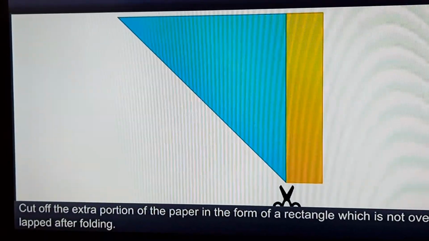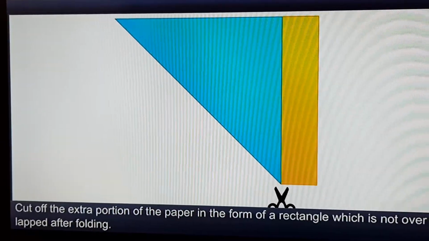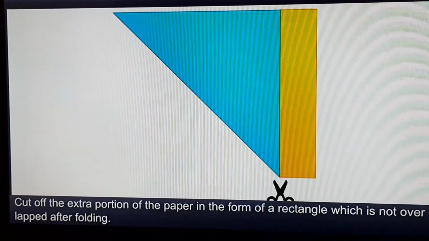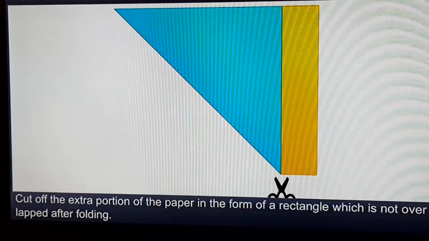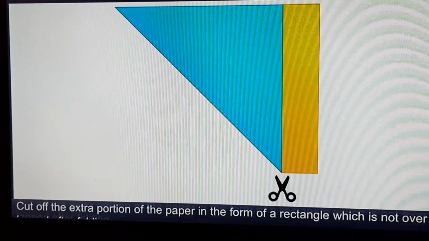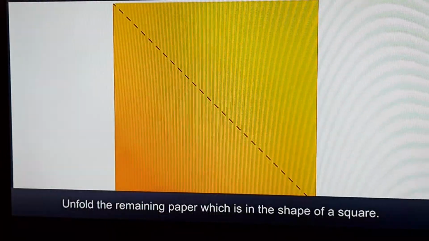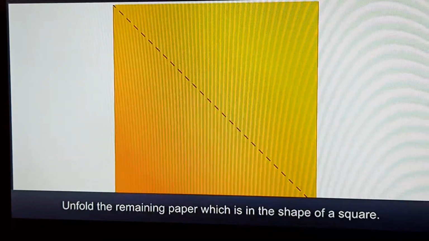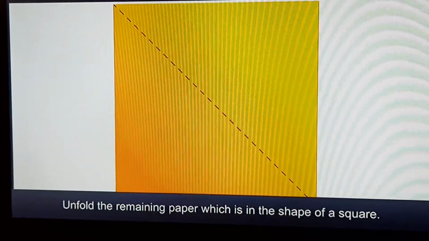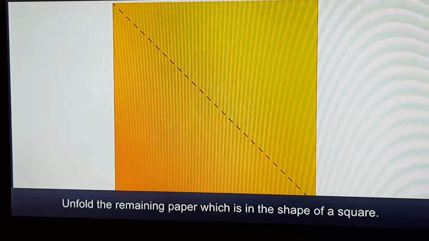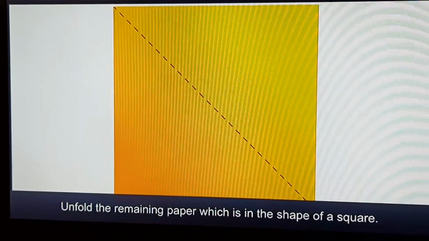Cut off the extra rectangular portion of the sheet left after folding the sheet. Unfold the sheet. You will find that it is square-shaped now.